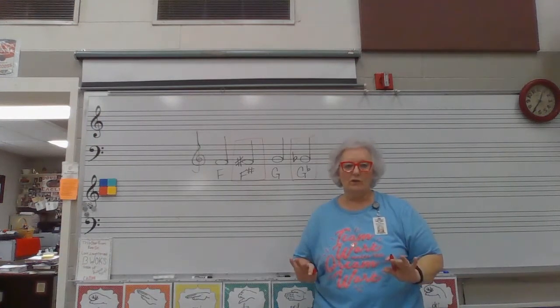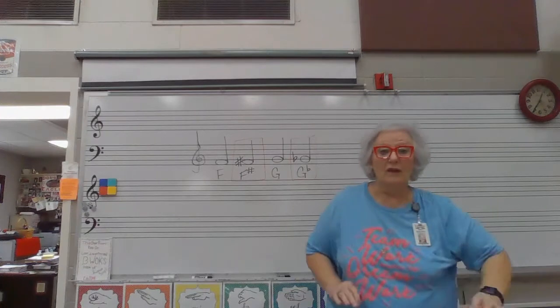Exactly the same pitch, just spelled differently. So don't let enharmonic tones scare you because it's such a big word. It's a fancy word that is a simple thing to figure out, okay?